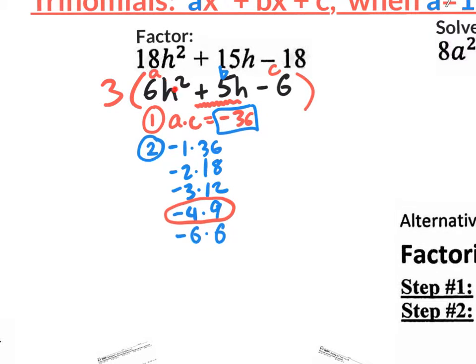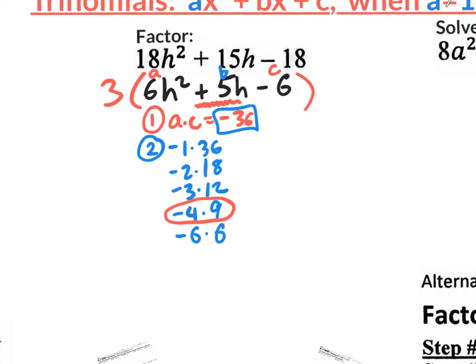So what is ax here in this case? 6, but instead of x, it's an h. So let's do that. Let's write down our parentheses and put that ax value, which is 6h and 6h. Now, what do we do with this empty spot and this empty spot? What do we do with these guys? You take that negative 4, you put it right there. Take that positive 9, put it right there.